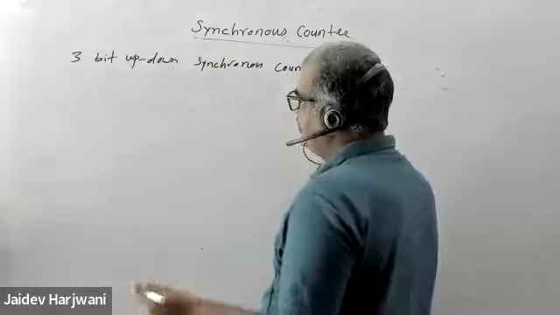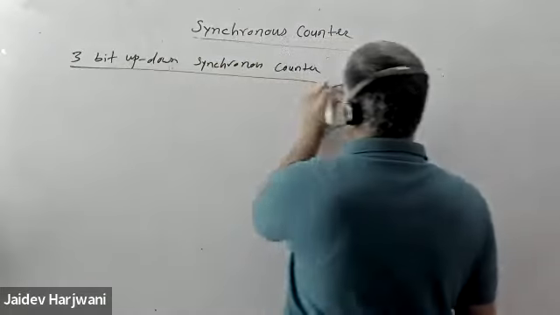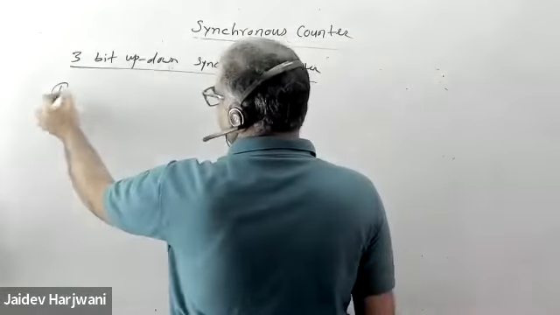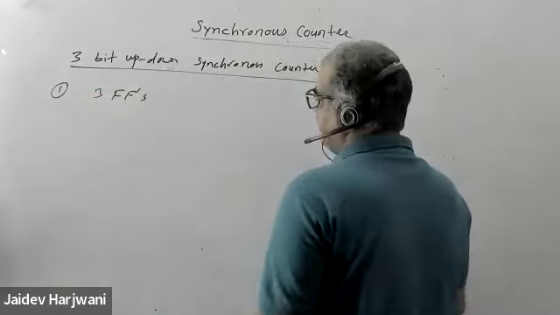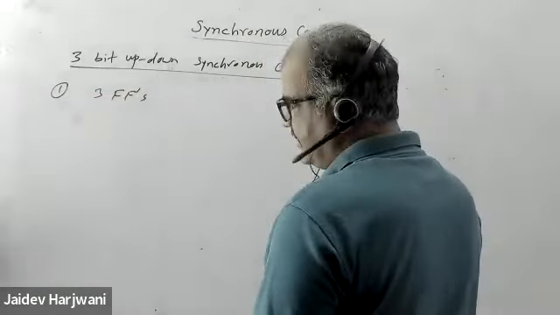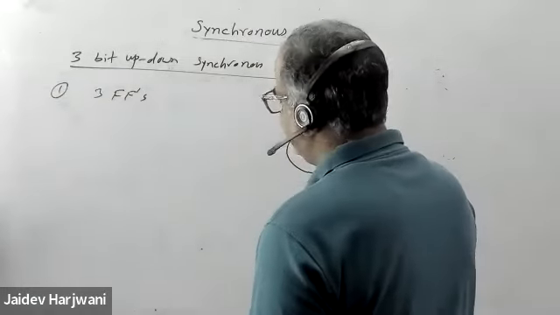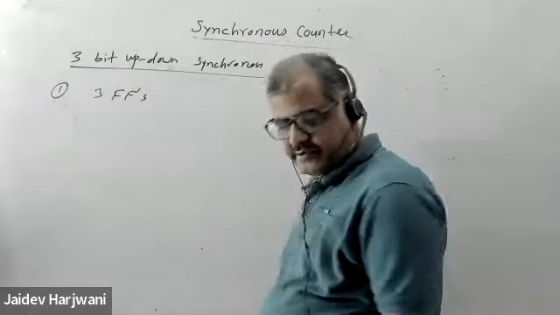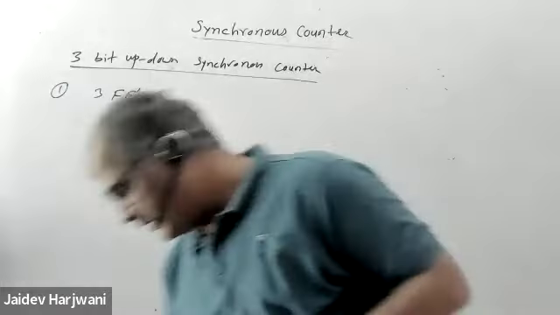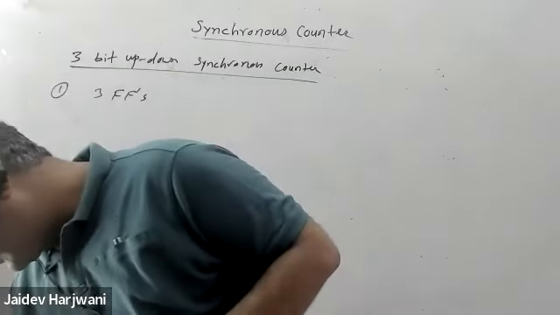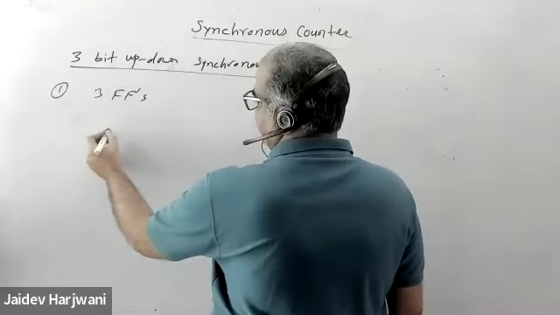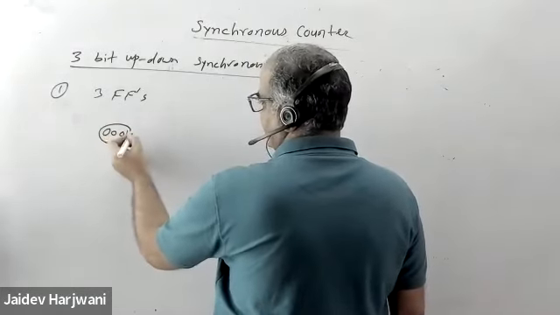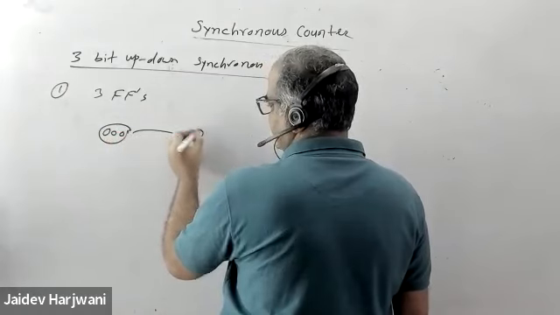You should know how many flip-flops you require. Obviously, you require 3 flip-flops. Then the next thing is your state diagram. Because this is an up and down counter, it will count in both directions, up as well as down. So the state diagram will be slightly modified. If I'm starting from 0 0 0, it's going to 0 0 1.